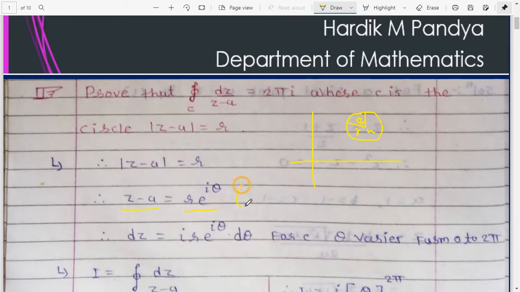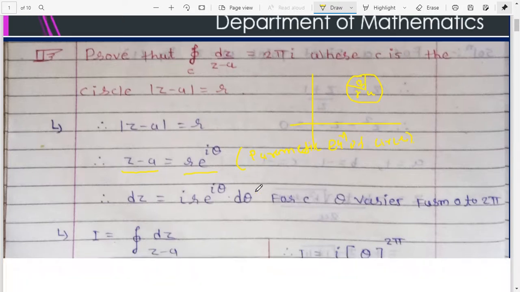This is the parametric equation of the circle, center at a and radius r, angle theta.